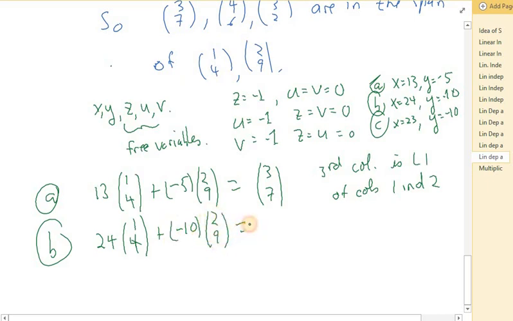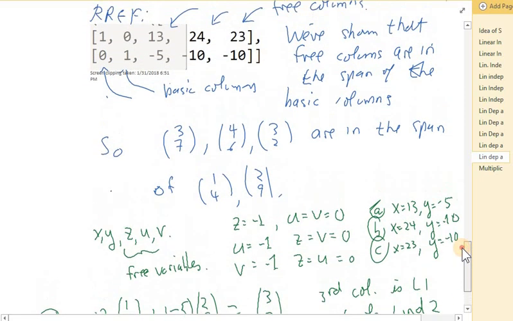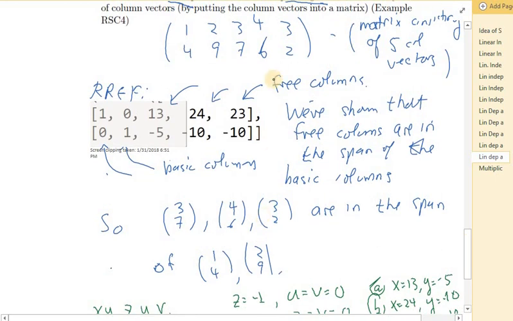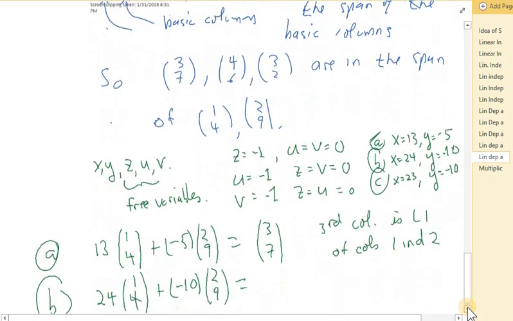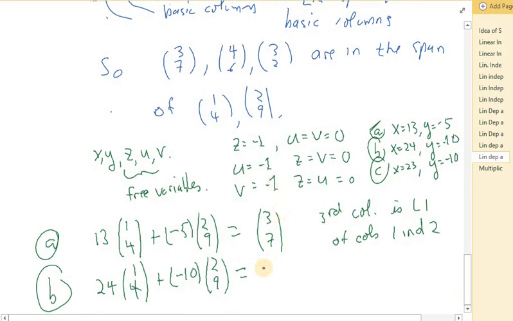And this should give me the fourth column, which was, go back up and see it, the original fourth column was 4, 6. Okay, so let's see if that works. You can verify that, in fact, this is true. So this is the fourth column. The fourth column is a linear combination of 1 and 2.